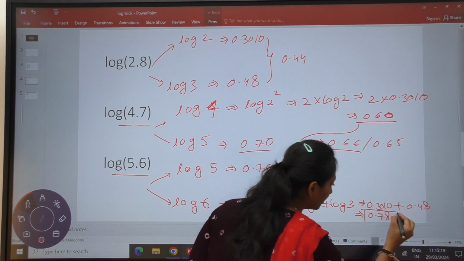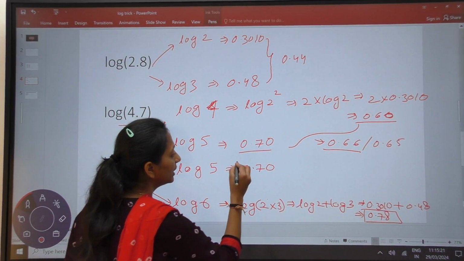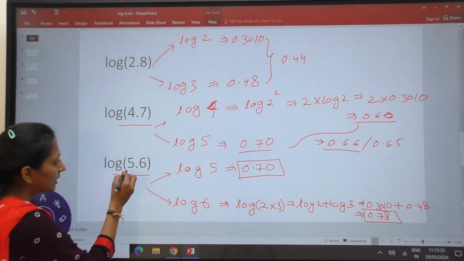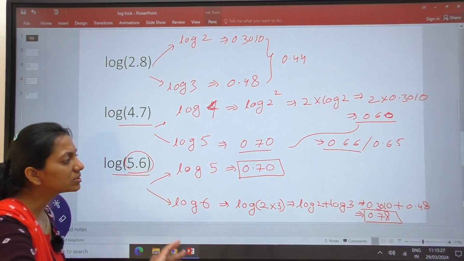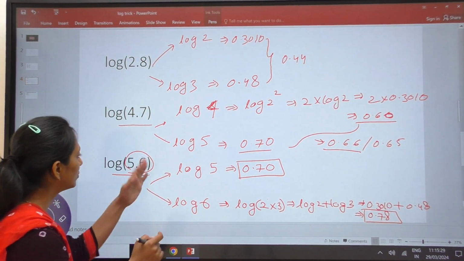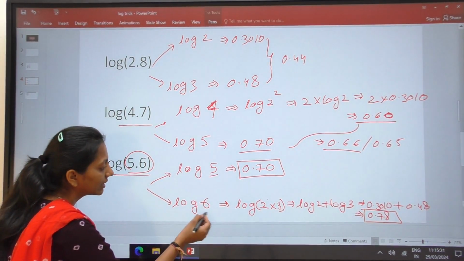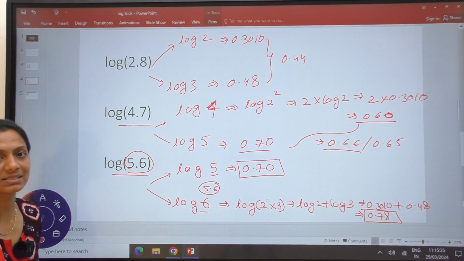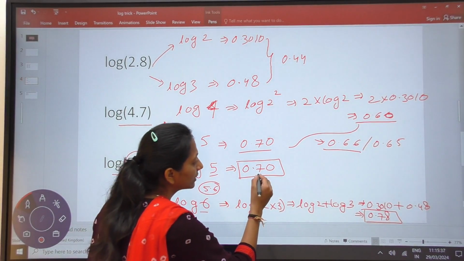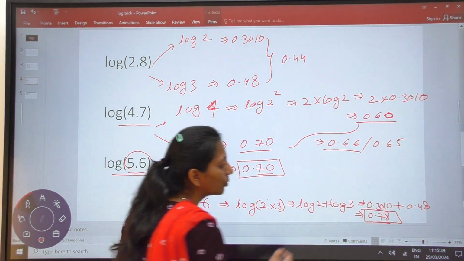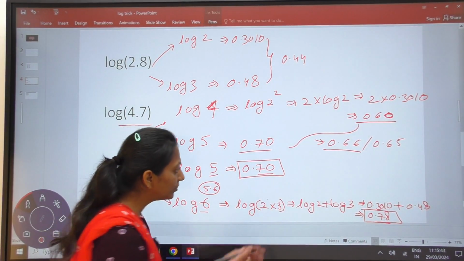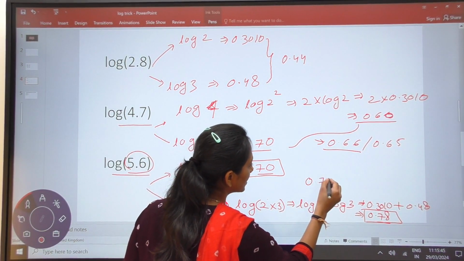So we have to take a number which should be in between 0.70 and 0.78. Now we can see it is almost in between the 5 and 6. You are having 5.6 in between your 5 and 6. So what we will do? We will also take the number in between 0.70 and 0.78. Which will be the in between number? We will have 0.74.